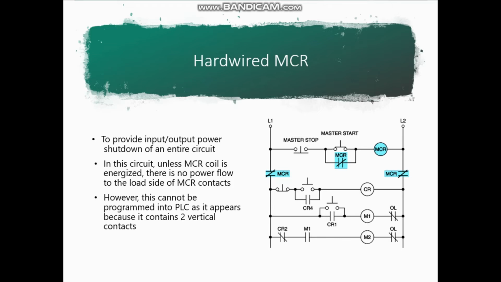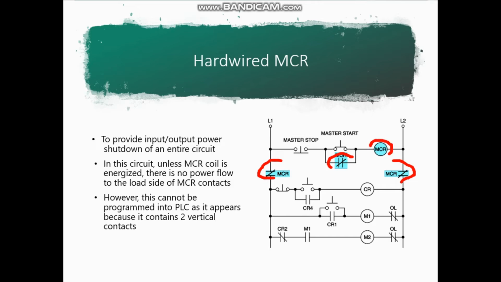You can see that this is the MCR and this is also the MCR, drawn on a vertical line, which you cannot actually do in a PLC program. On this relay diagram, the MCR contacts here as well as here are related to this coil MCR here.